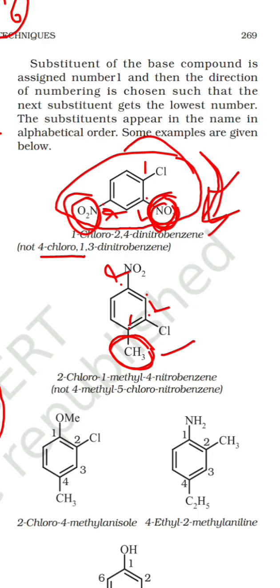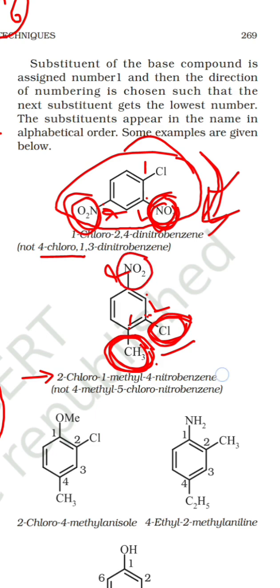That means the second carbon, chloro is there. So C comes first, then M, methyl. Chloro starts with C, methyl starts with M. So C comes first. That means 2 chloro, 1 methyl. After that N comes, nitro.